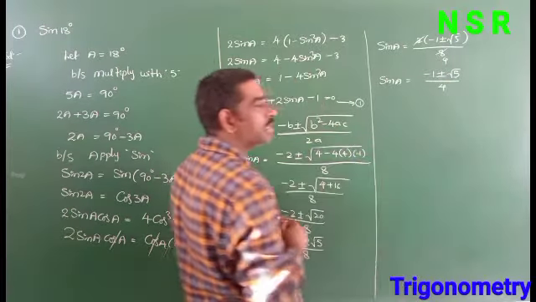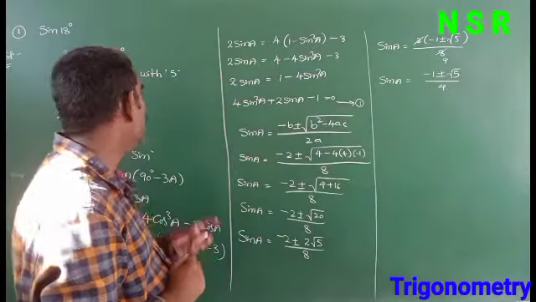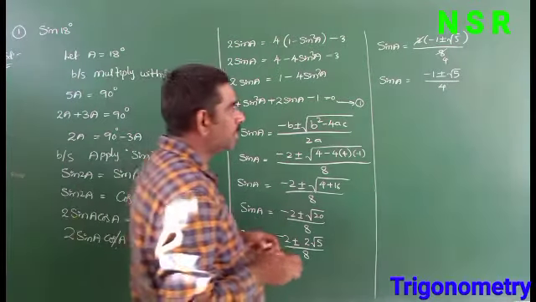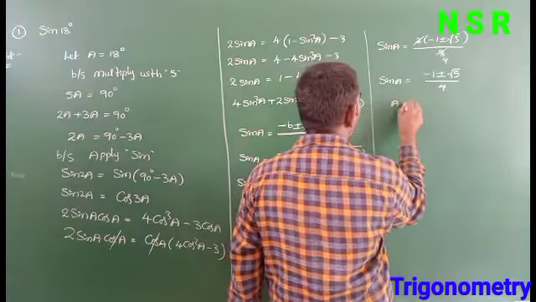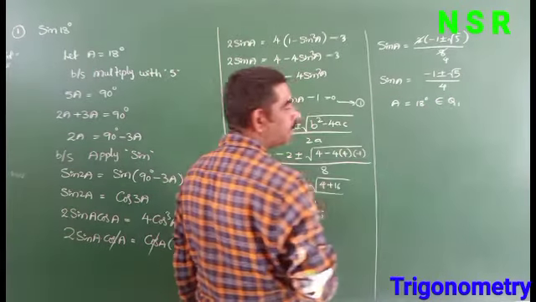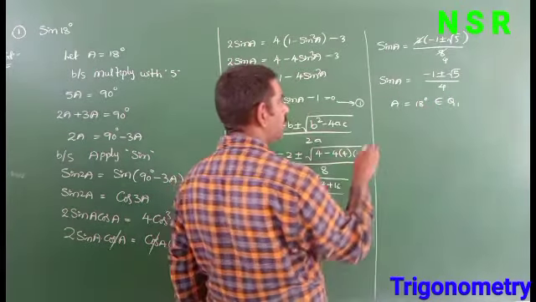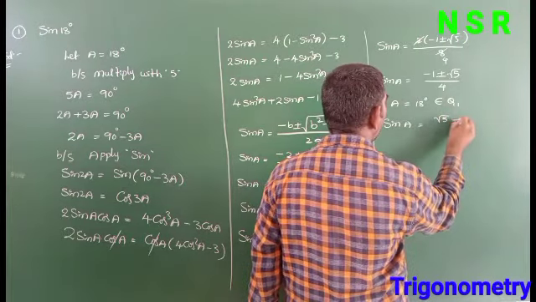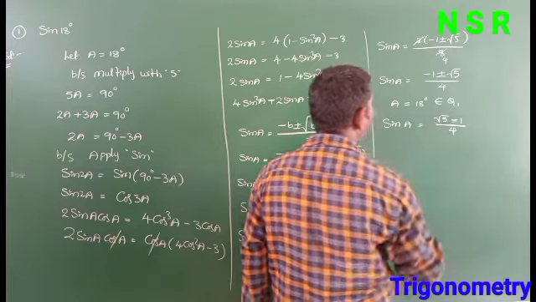So here we have one plus and one minus value, but a value is 18. So 18 is in the first quadrant. So a equal to 18 belongs to Q1, the first quadrant. In the first quadrant all are positive. So sin a equal to root 5 minus 1 by 4.